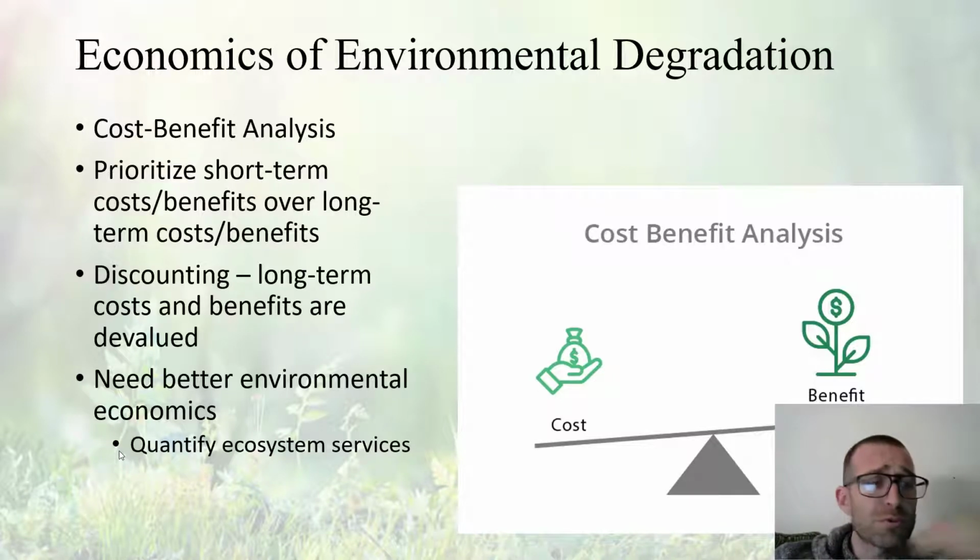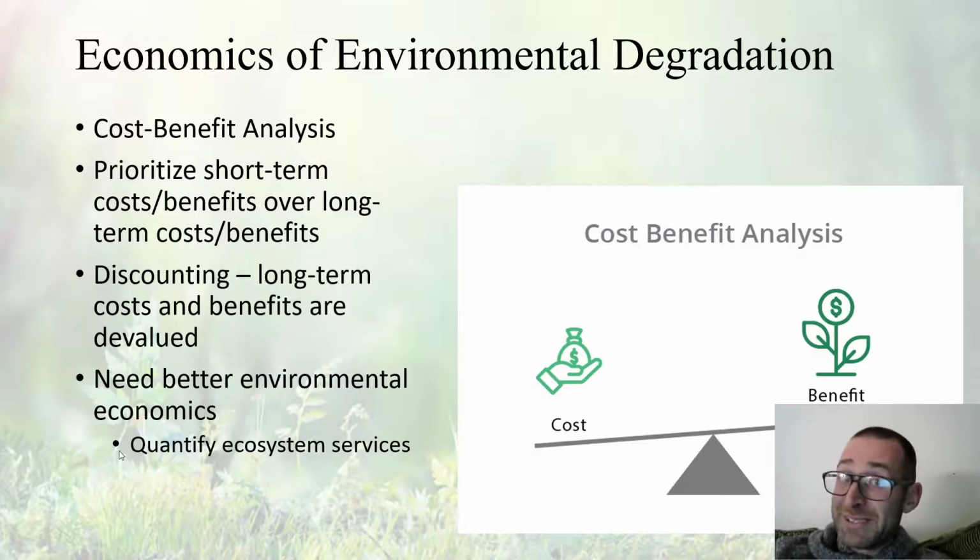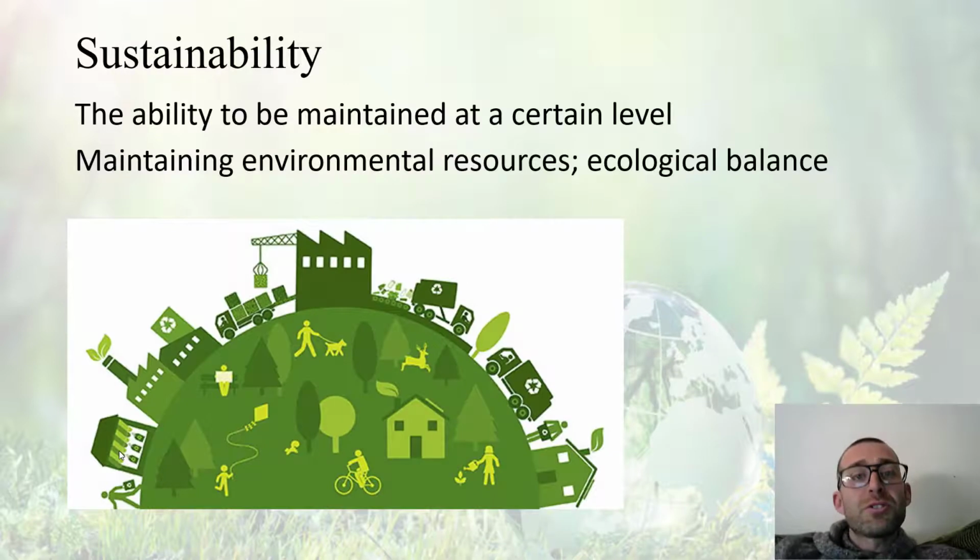If those nutrients got in the water, it's going to reduce populations by this much, and that's going to reduce the amount of fishing, we can start putting numbers to it. And that's something that we are becoming better at now. So there's a whole new field of environmental economics that is dealing with this stuff, right? That is taking different services provided by the environment and putting a number to them to show the importance of them.